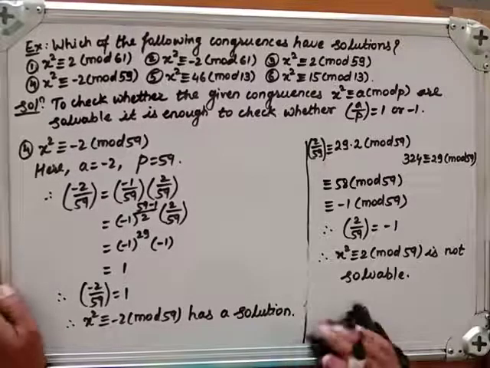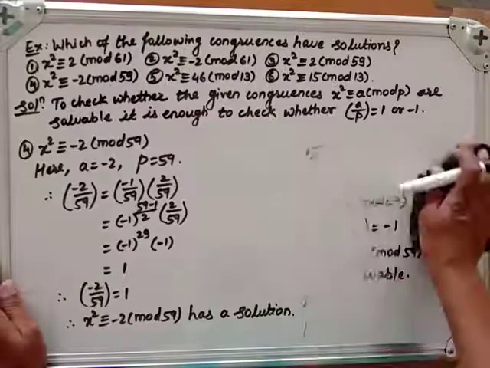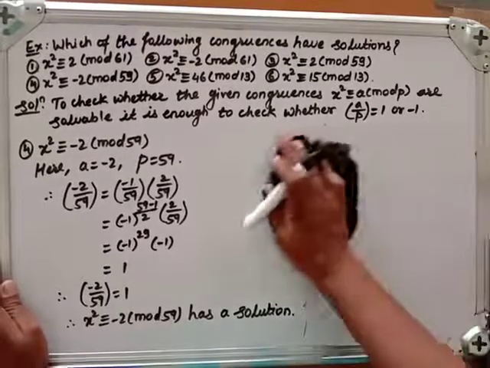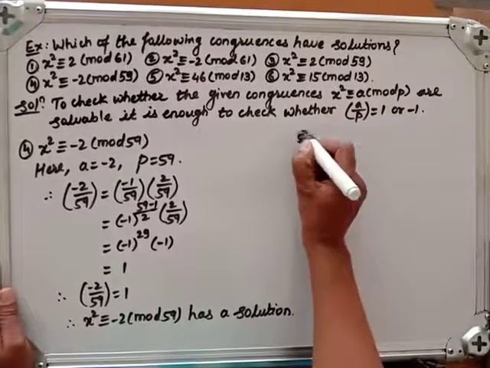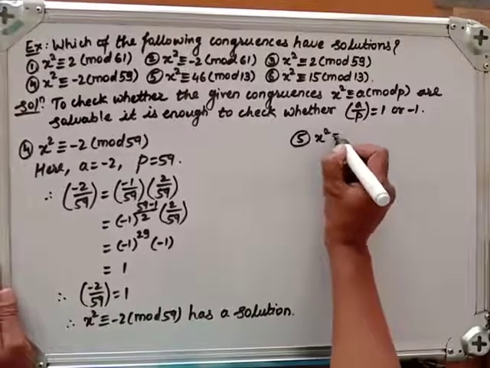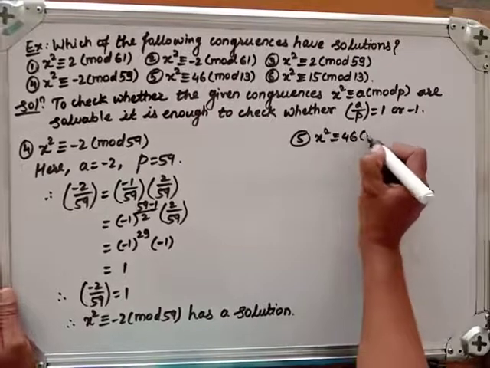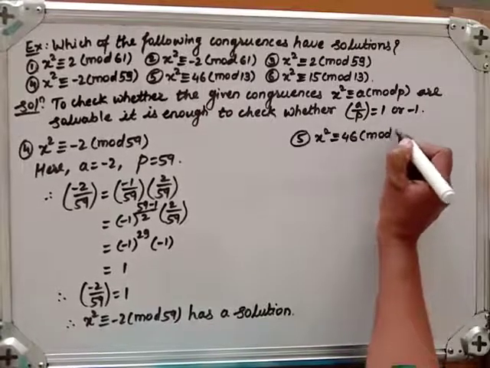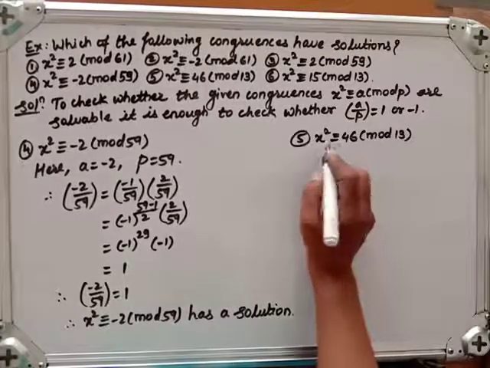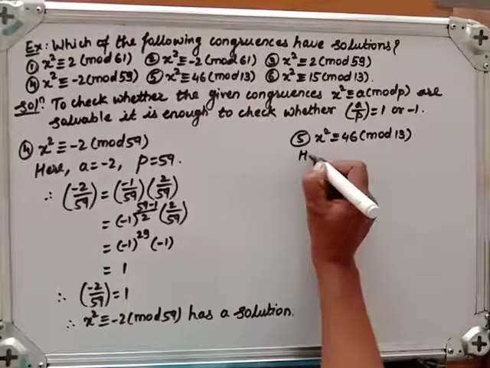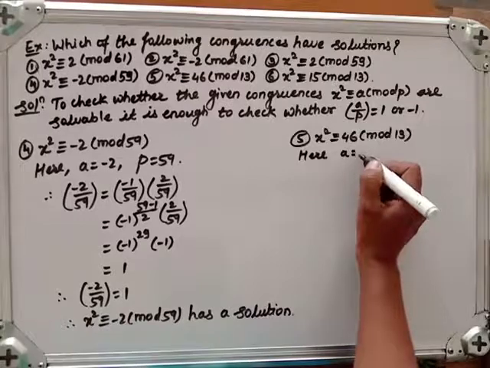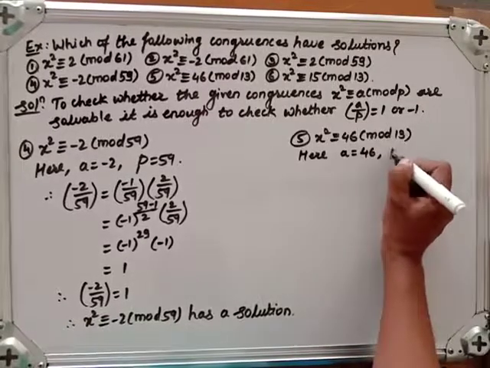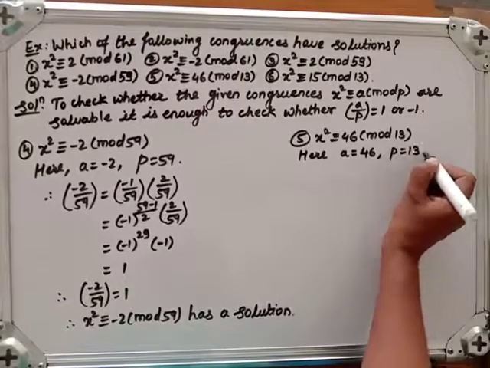Now let's go for the next one, fifth one. What is fifth one? That is x squared congruent to 46 modulo 13. So here a is equal to 46 and p is equal to what? 13.